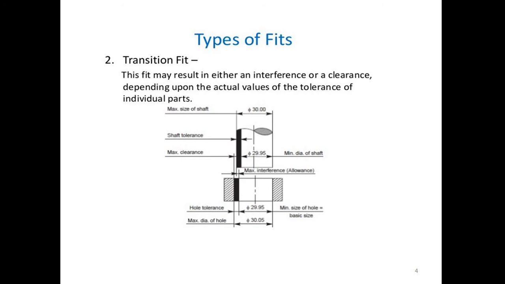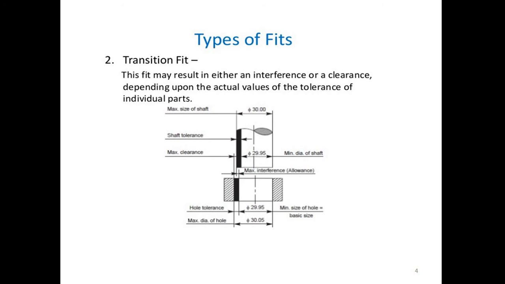Now, considering diameter 30, the size of the shaft is 30 having tolerance minus 0.05 and 0. So the lower limit comes 29.95, that is 30 minus 0.05 is equal to 29.95. Then the upper limit comes 30, that is 30 minus 0. And the shaded portion shows the tolerance.